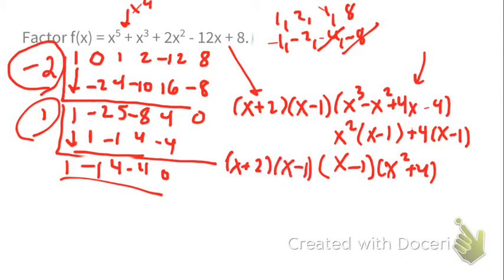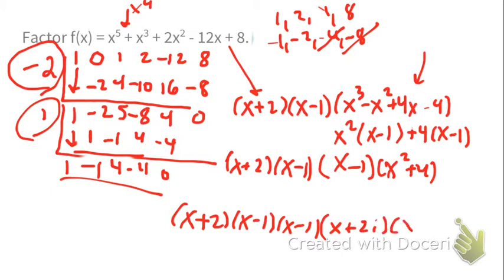And if it said factor completely using linear factorization, then we could factor this last term. So first let's rewrite these so we have room. And then this last term, we can rewrite it as x plus 2i times x minus 2i, because x squared plus 4, if you set that equal to 0, has no real zeros.